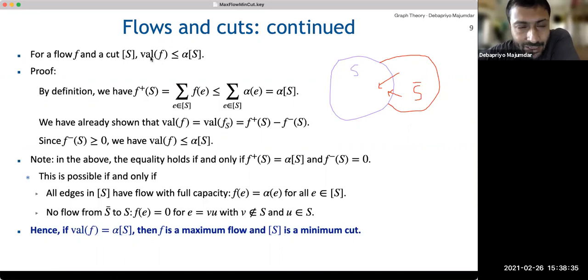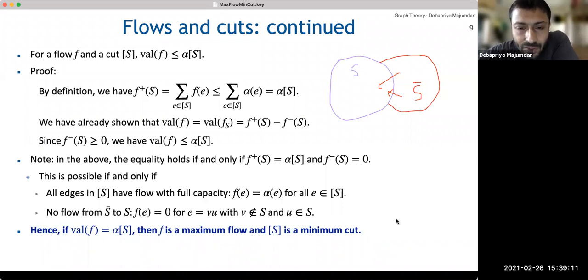So the value of any flow is upper bounded by the capacity of any cut. So if it is equal, then F has to be maximum, because I cannot have anything else which is bigger, which has more flow, because then this theorem will be violated. Similarly, for this cut, I cannot have any other cut with lesser capacity, because then the capacity of that cut will be less than a flow, right?